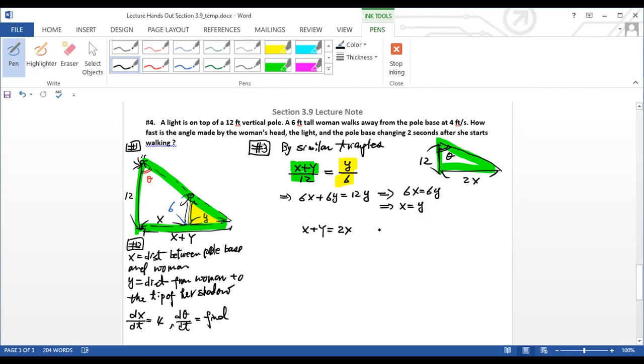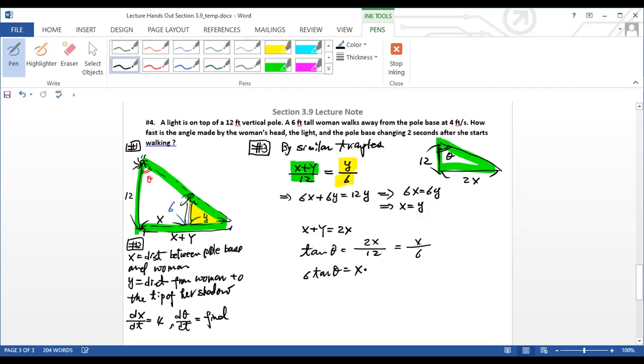So I want to find a relation. I have tangent theta is equal to opposite over adjacent, so it's 2x over 12, which gives x over 6. So 6 tangent theta is equal to x here.